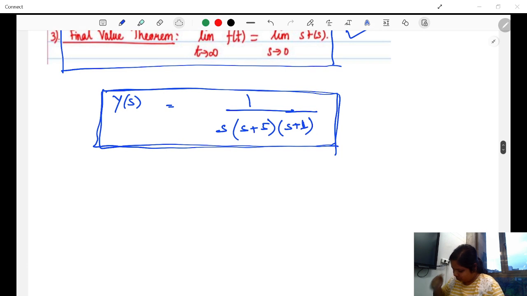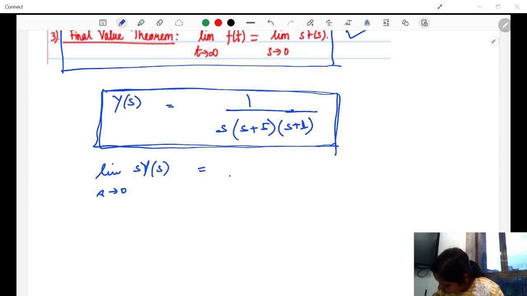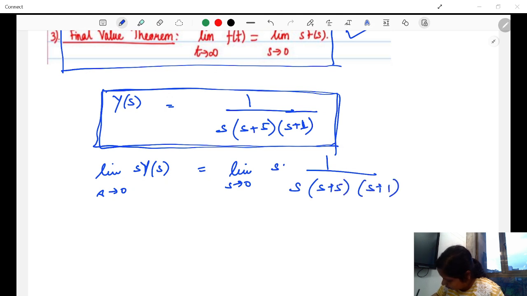So this was my transfer function. Now what I want to do is limit s tends to 0 s of Y(s). So what it becomes is limit s tends to 0 s into 1 upon s into s plus 5 into s plus 1. S just gets cancelled and what you get is 1 upon 5.